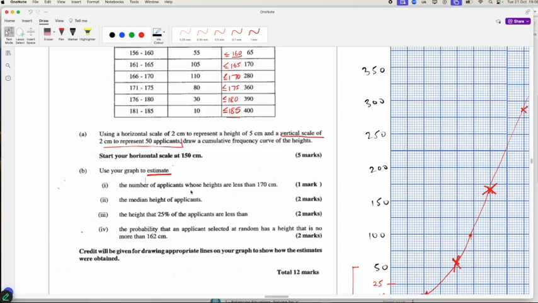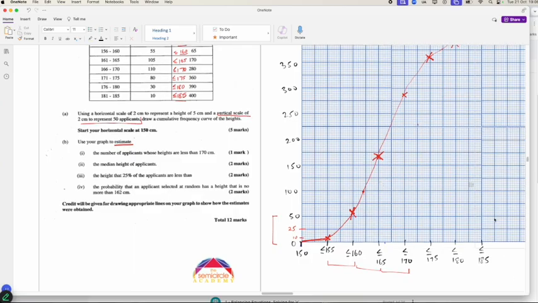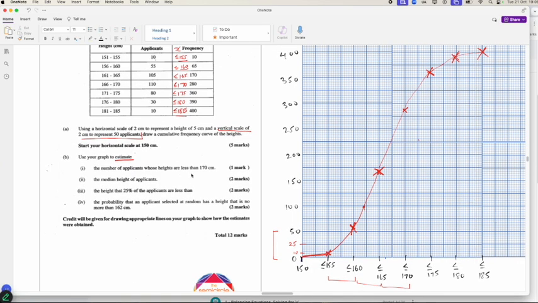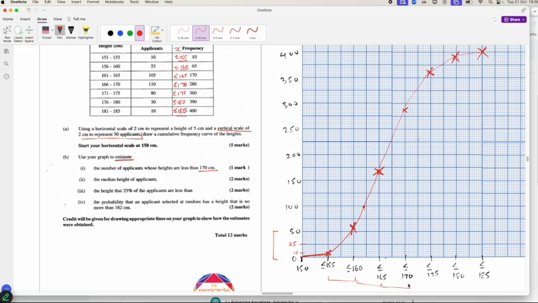The number of applicants whose heights are less than 170. So I'm going to come here to 170, and from this 170, this is less than 170, right?